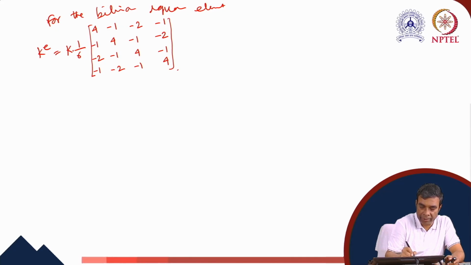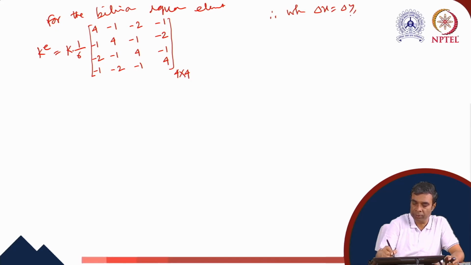So this is a 4 by 4 square matrix. This is obtained using delta x equals delta y. Therefore, when delta x equals delta y, Ke is a constant or fixed matrix.